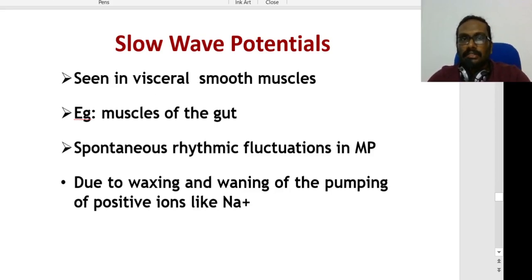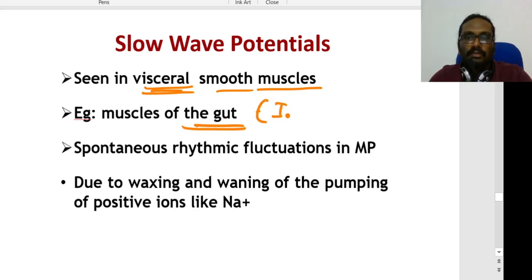These are seen in your visceral smooth muscle. Viscera means the organs inside the abdomen. So basically what we are mentioning here is the muscles of the gut. Muscles of the gut means the intestinal wall, stomach wall, these are what is meant. And the speciality of slow wave potentials is that they are almost like the pre-potential and the SA nodal potential.